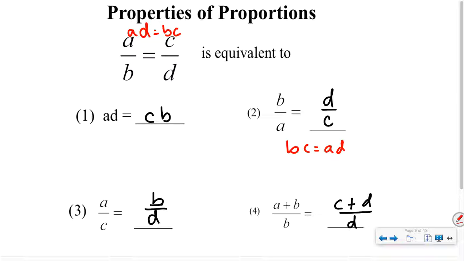Does that match the original one? Minus the fact that they're on opposite sides of the equal sign, but still the same thing. When I cross multiply number three, I get AD equals BC. I know then that 1, 2, and 3 are the same as the original one because it's the same cross product way. So that's one way you can check that on your multiple choice questions. Cross multiply, and if this one doesn't match the original one, then it's not an equivalent form.